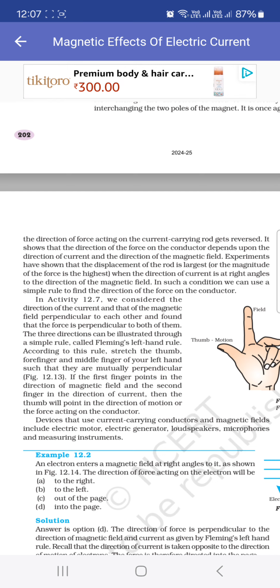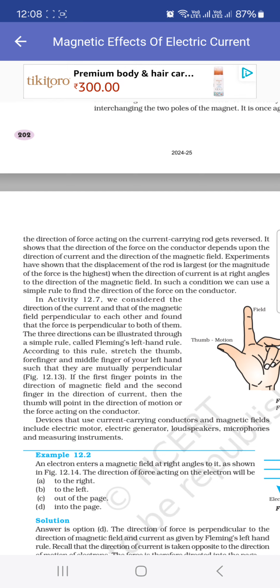In other words, the current, the magnetic field and the force are at right angles to each other. It should be noted that the maximum force is exerted on the current carrying conductor only when it is perpendicular to the direction of magnetic field.